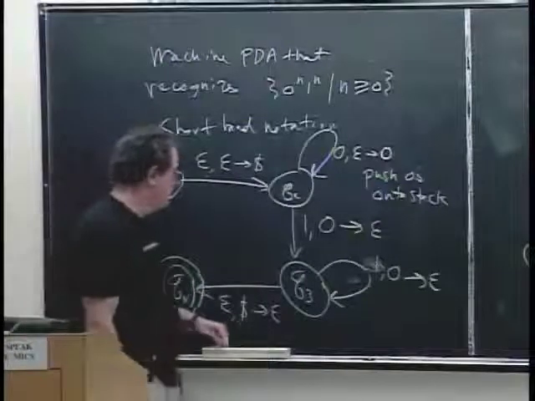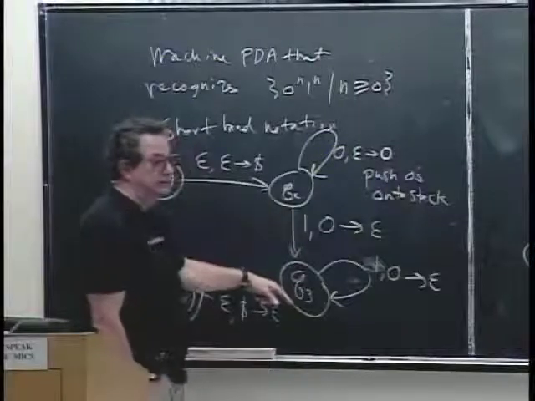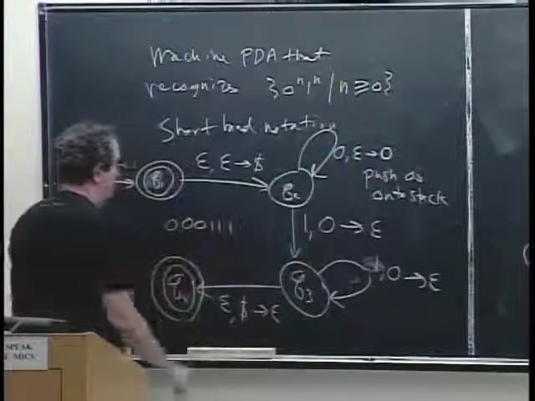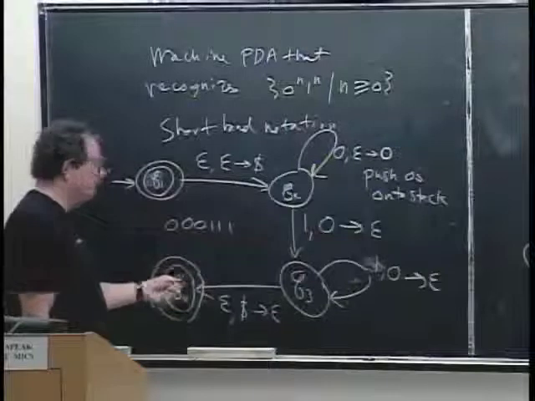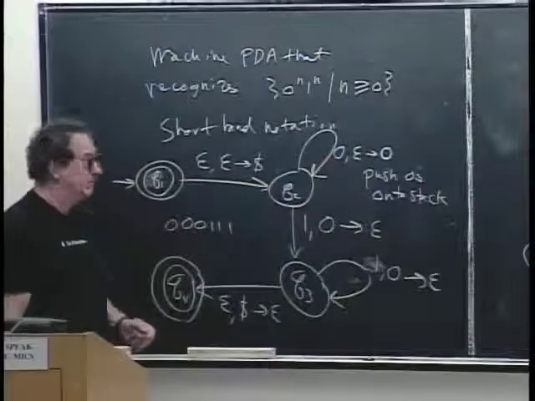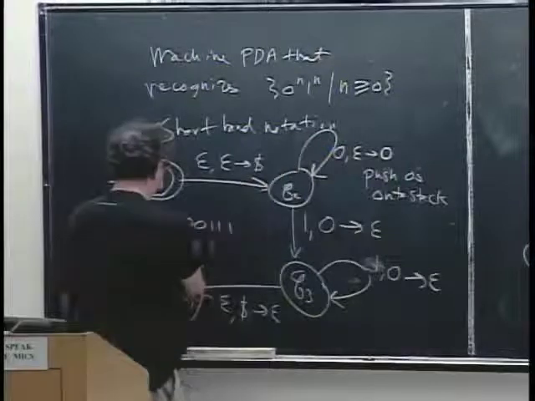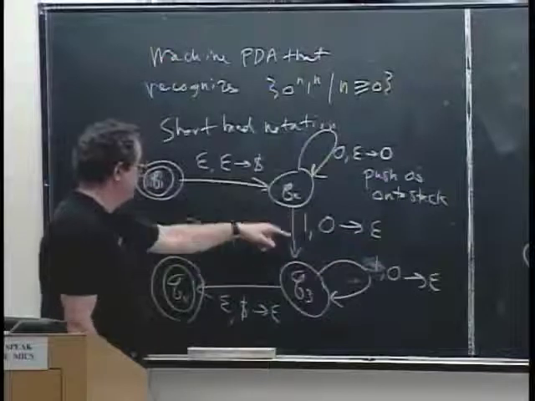Okay? So, on the other hand, there is a computation. If what you have is the same number of zeros as ones, there is a computation in here which does end up accepting. Okay? Because that computation is you stack 3 times, and all of this is deterministic.